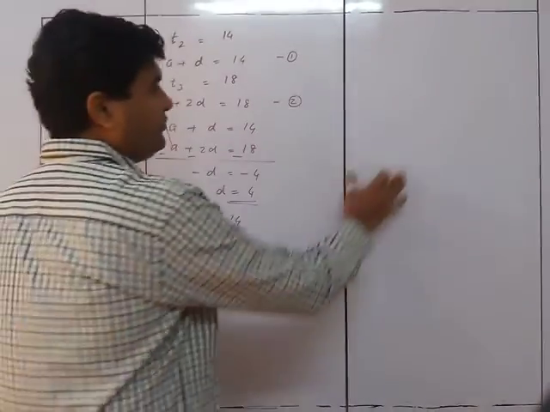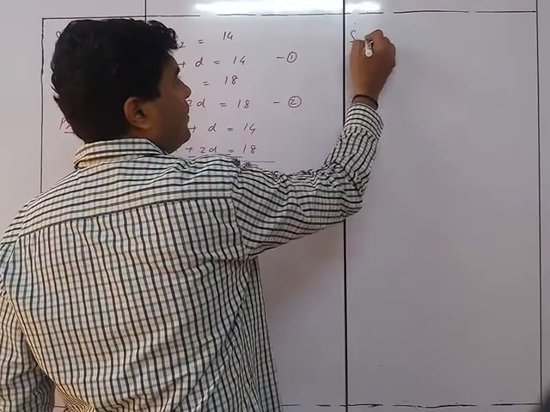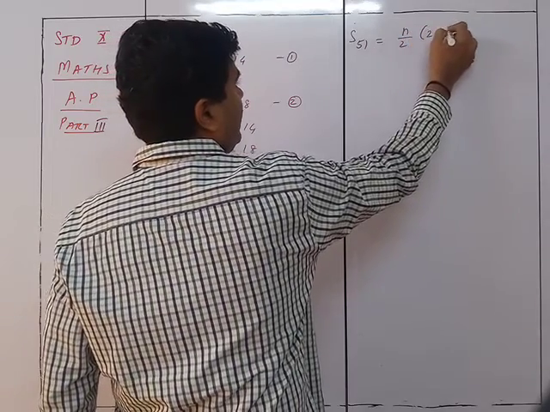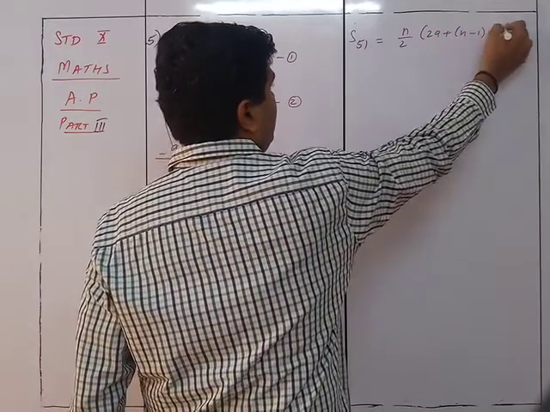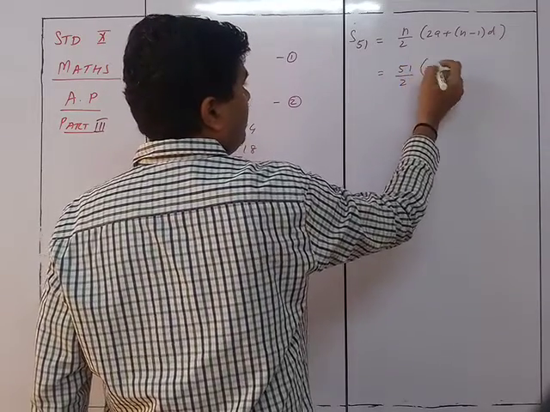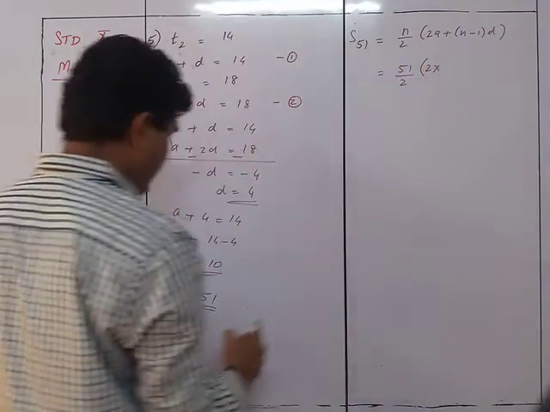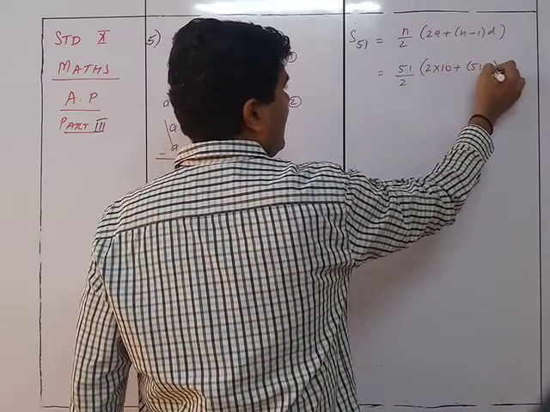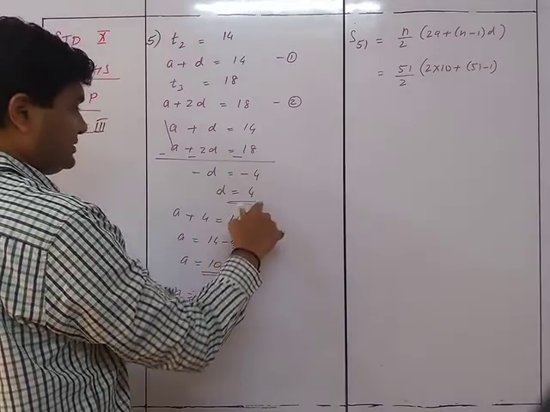We now see the formula. S51 is equals to N upon 2, 2A plus N minus 1 into D. That will give me 51 upon 2 bracket 2 into A, which is given as 10, plus 51 minus 1 into D, which is given as 4.